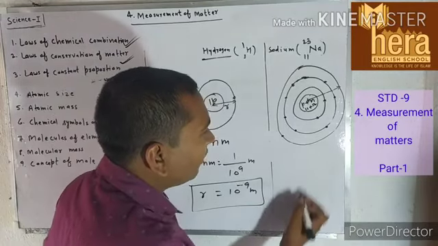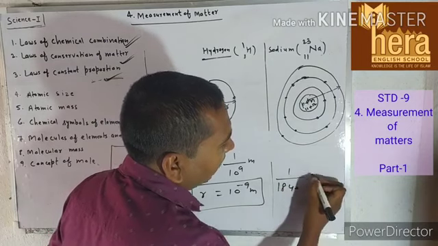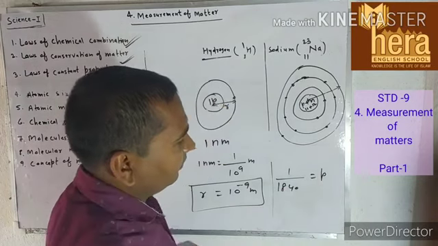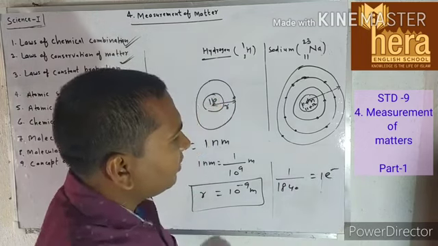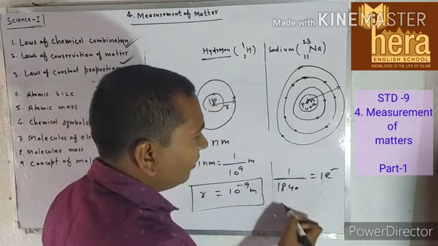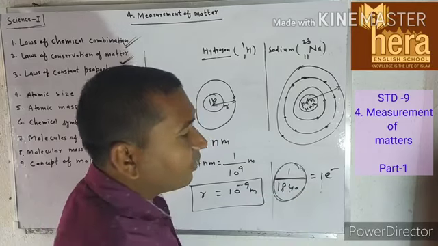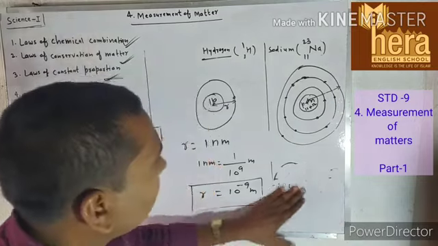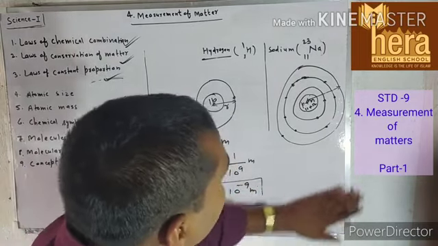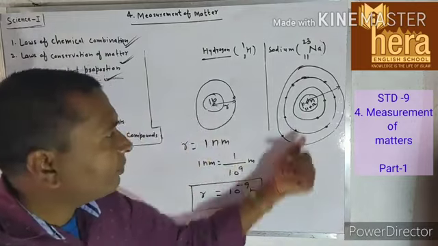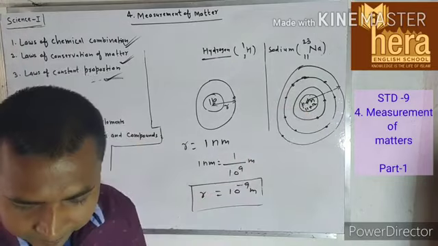Actually, the mass of one electron is 1 upon 1840 times the mass of a proton. This is very small as compared to protons. That's why we ignore the mass of electrons. Therefore, any atom has mass due to the mass of protons plus neutrons, or due to the mass of only the nucleus.